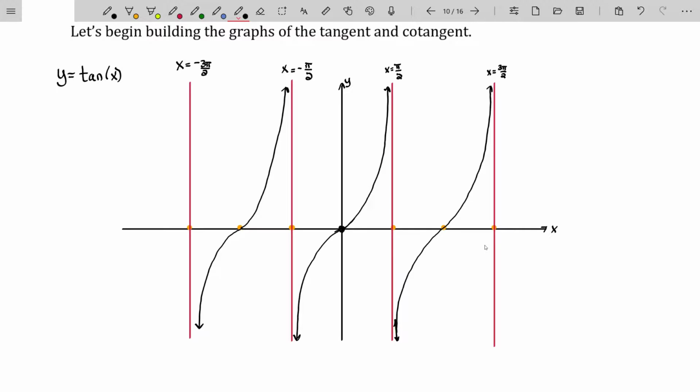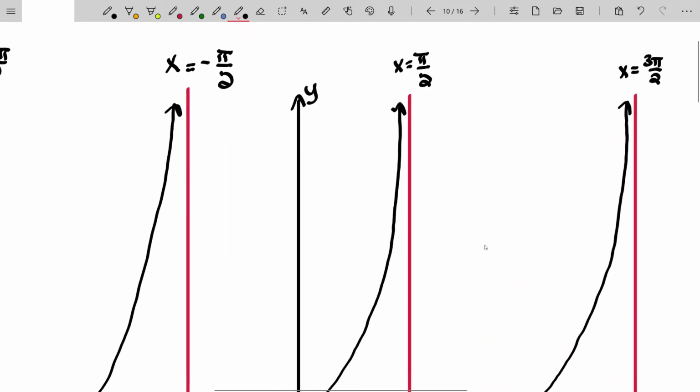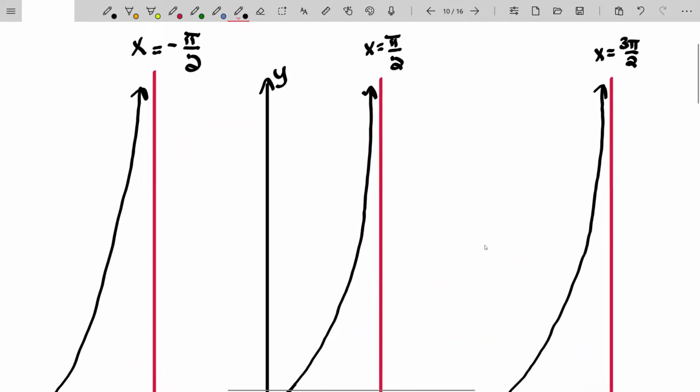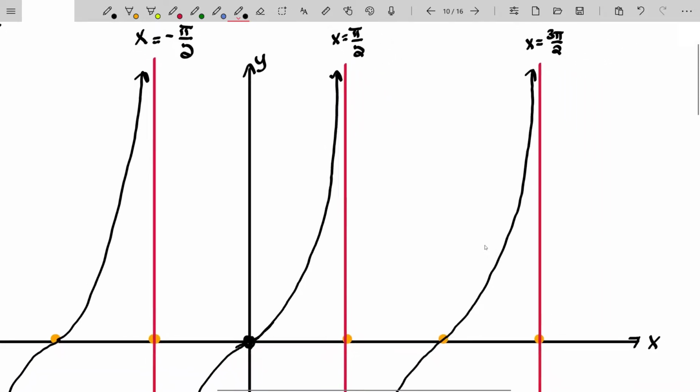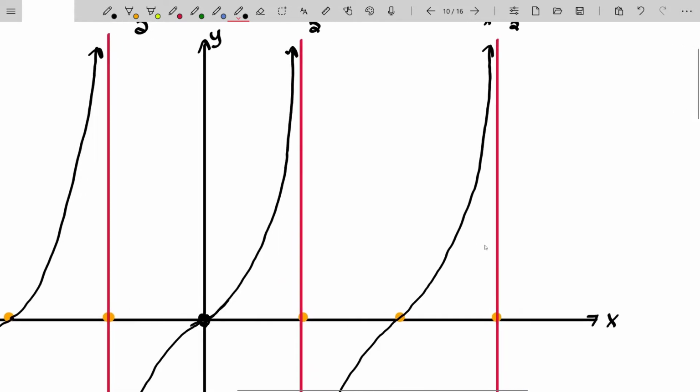Now, something I should mention here is when we go to start graphing transformations of the tangent, I used to teach, and I know a lot of textbooks do this, graphing the base graph from negative pi over 2 to pi over 2. That would be tragic. That's bad news. You want to graph the base graph from 0 to pi.